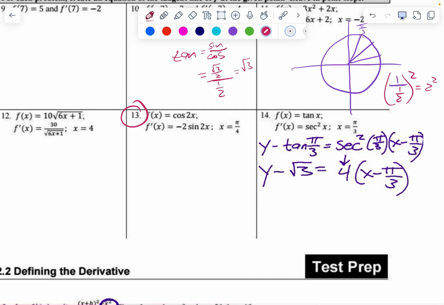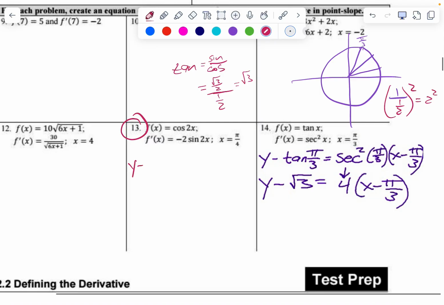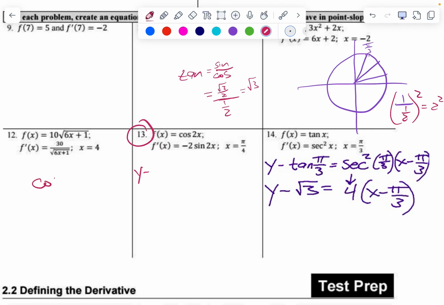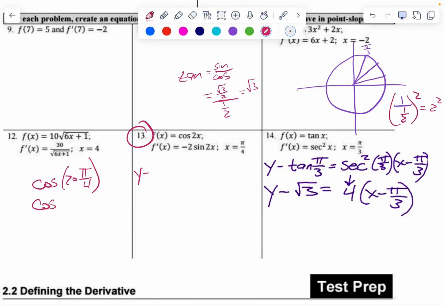Okay, and then 13, is it kind of a similar thing, you think? Mm-hmm. Okay. So cosine of 2 times pi over 4 becomes cosine of pi over 2, which is 0. And then our slope, negative 2 sine of 2 times pi over 4.